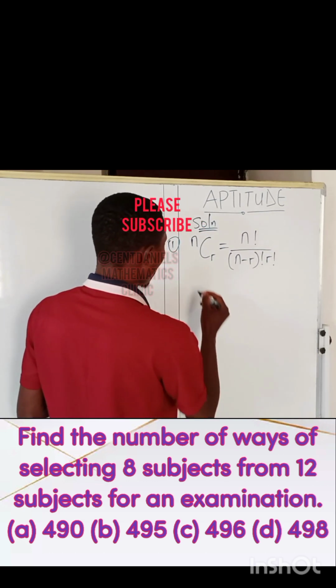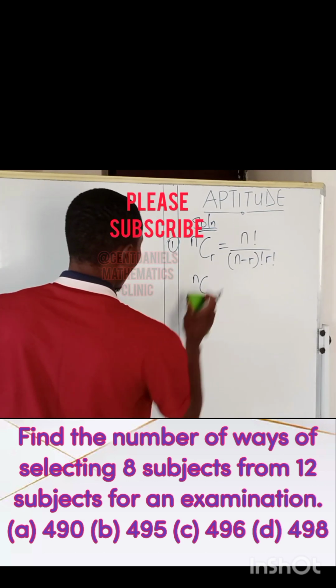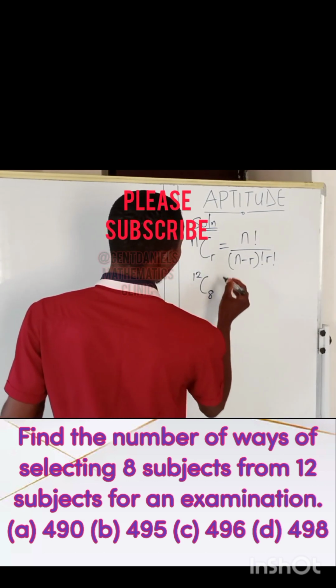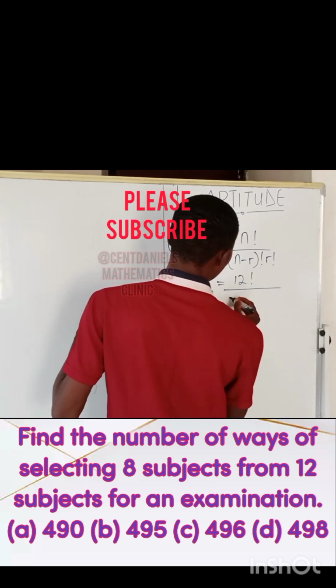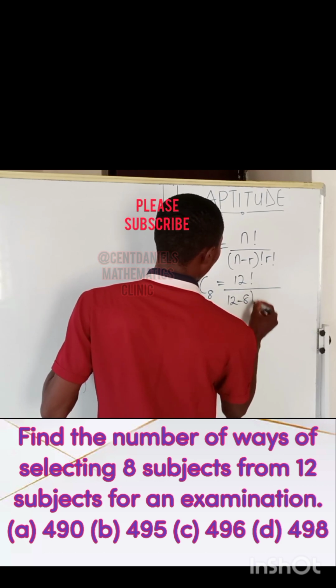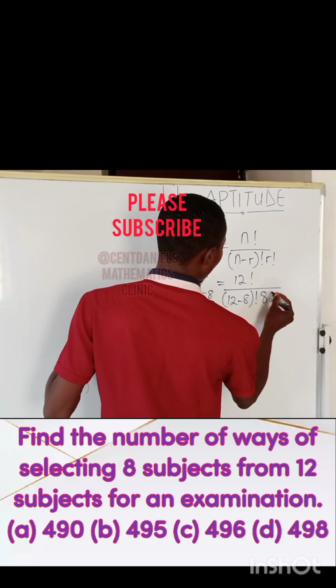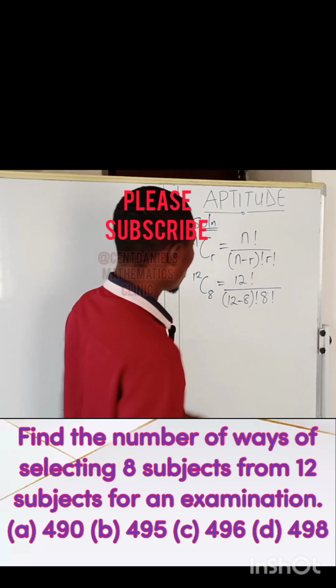So I'm going to have 12 combination 8, given as 12 factorial over 12 minus 8 factorial times 8 factorial. Okay, so we evaluate this.